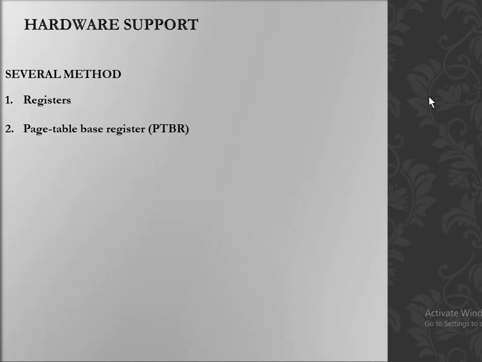Again, to overcome this disadvantage, we use the translation lookaside buffer. It is similar to your page table, but the translation lookaside buffer again contains rows and columns, and each row is a combination of a page number and the corresponding frame number.